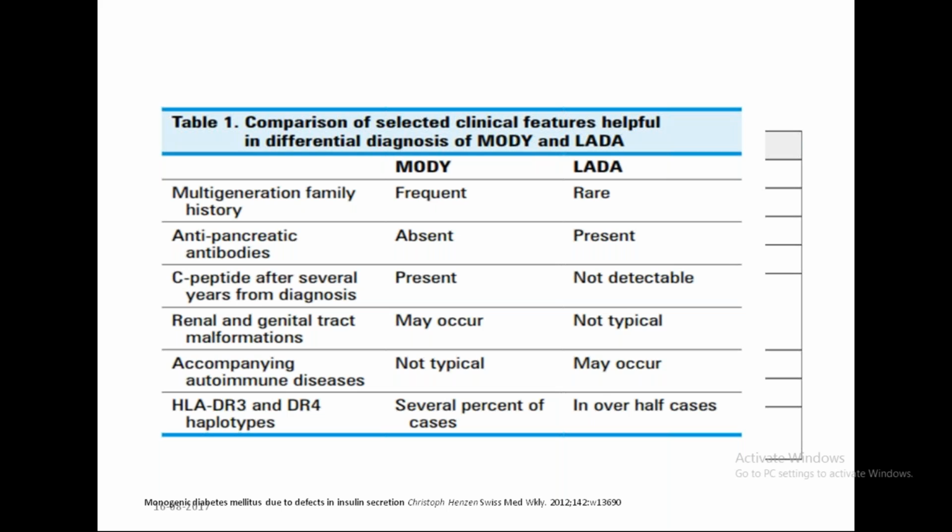Renal and genital tract abnormalities may occur in a few forms, especially type 4 of MODY, whereas not in case of LADA. And accompanying autoimmune disease can occur with LADA, along with that of type 1 diabetes. HLA DR3, DR4 are present in several patients of MODY, and over half of the cases of LADA.